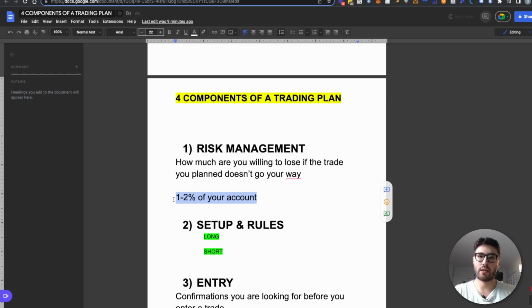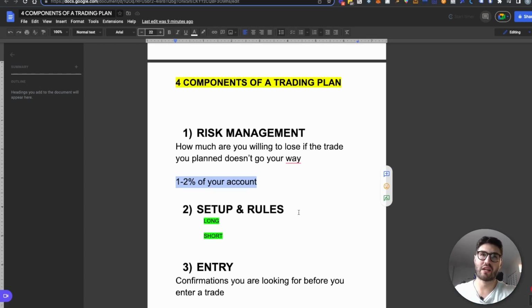And if you're stuck in a position at a 50% loss, you don't have the capital to actually take advantage of that new opportunity because you have money stuck in there at a 50% loss or even more, and you might not want to actually take that loss.